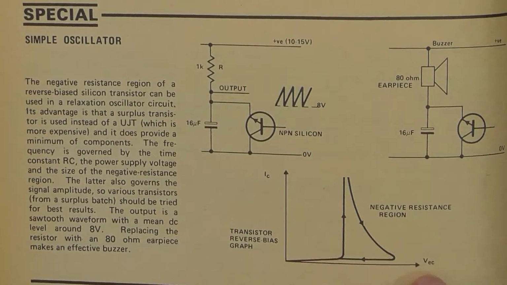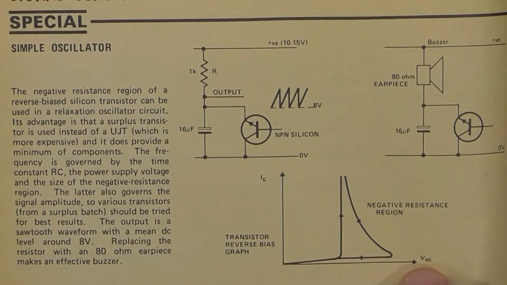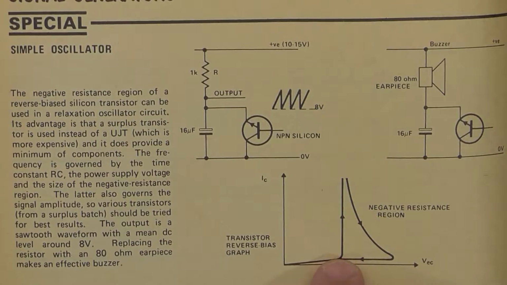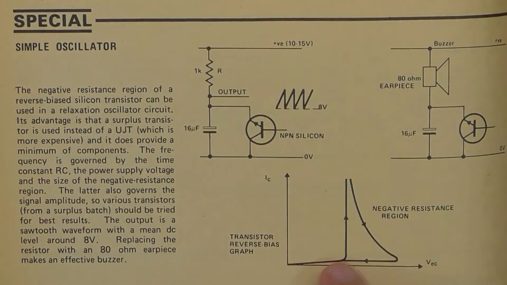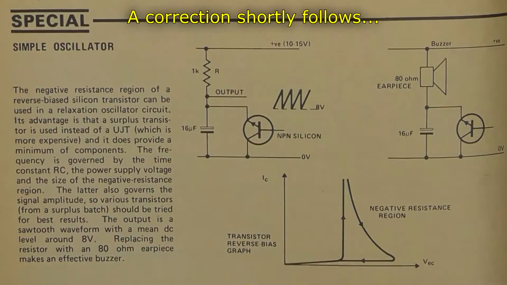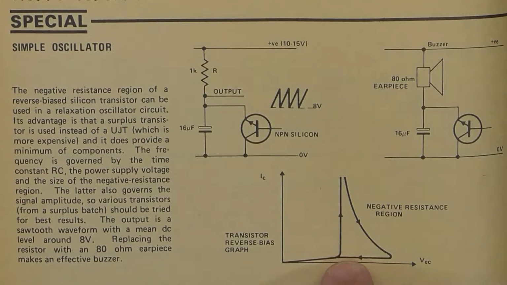So as the voltage between the emitter and collector goes up, the current goes up. Okay, so they're measuring across there. As the voltage reaches a particular point, it starts to ramp up, and that's very similar to how a Zener diode works.